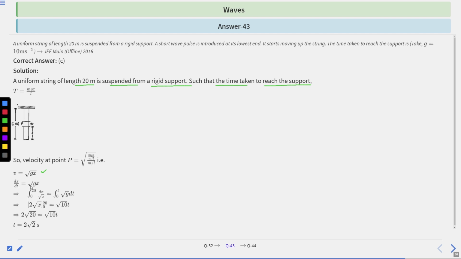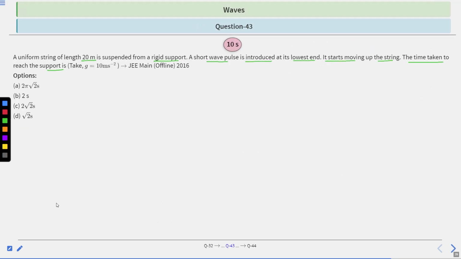So dx upon dt is equal to under root gx. After integration, 2 under root x from 0 to 20 meter is equal to under root 10 t, and solving this you get t equal to 2 under root 2 second. So this is the time. The correct answer is C. This is just the calculation part.